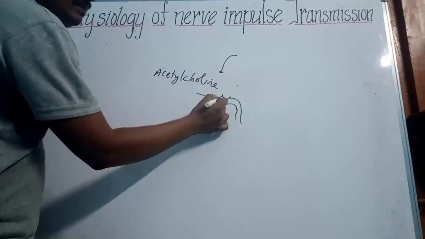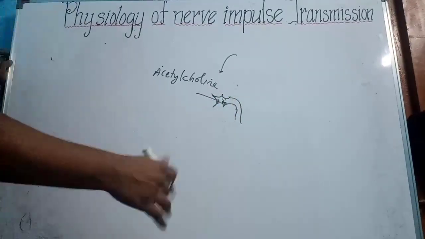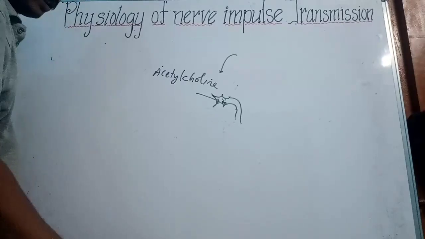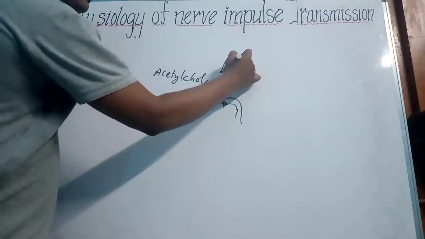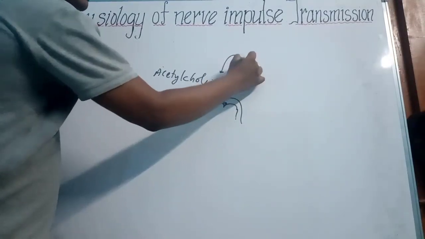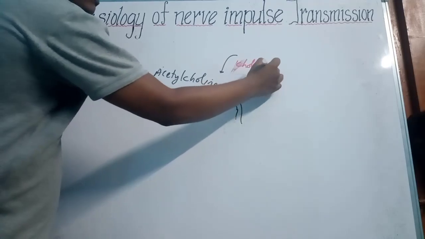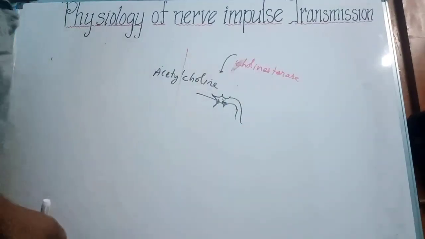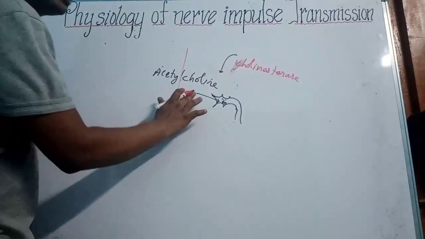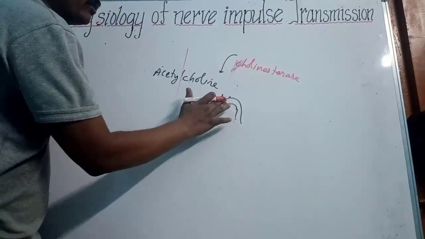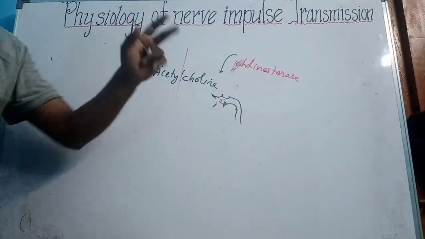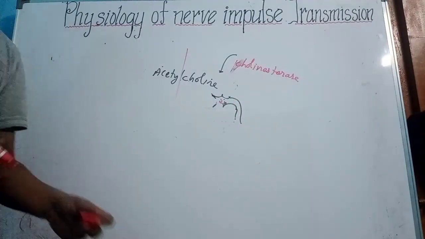Acetylcholine is continuously poking this fellow, please become activated. Now he is feeling bad. Now cholinesterase comes to the rescue. Now comes the hero, we can say. Cholinesterase breaks it, and this activation is stopped. Now this guy becomes happy, ready for the next stimulus to come in.